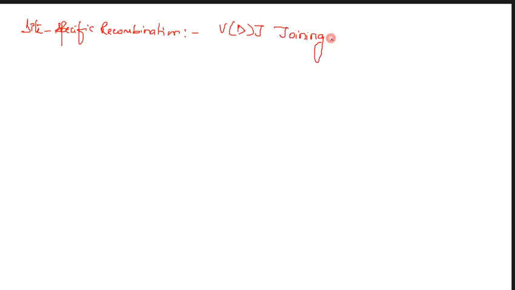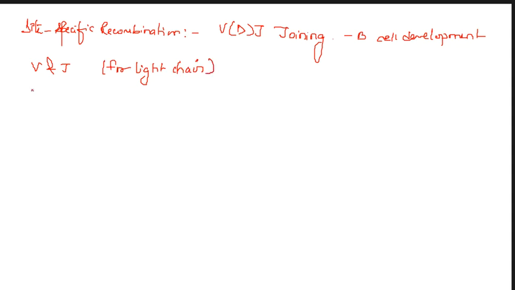So what we see in this process, during B cell development, V and J segments for the light chain and VDJ segments for the heavy chain are joined together.